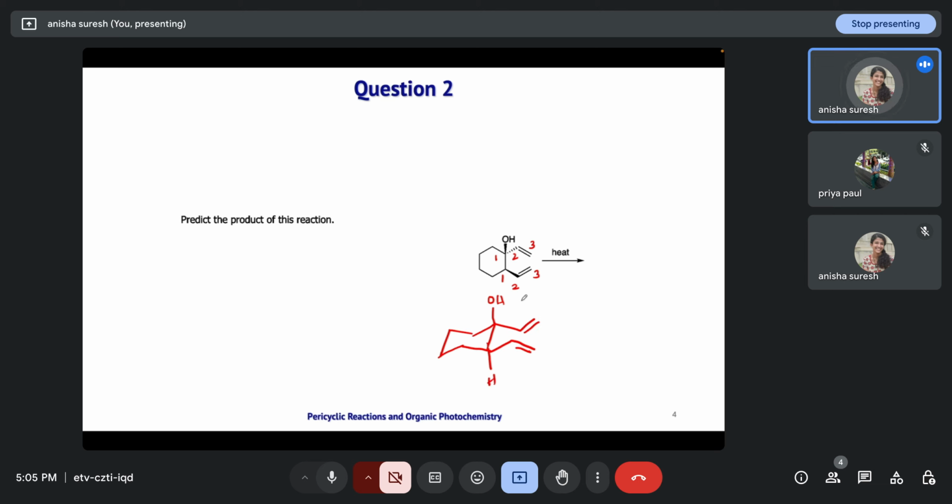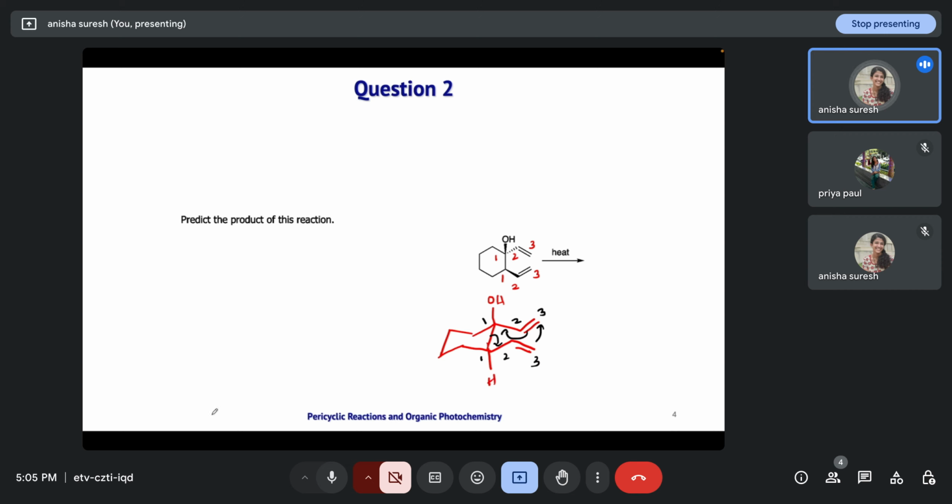Now if we draw the mechanism, 3, 2, 1, 1, 2, 3, the arrow pushing will be in this fashion.